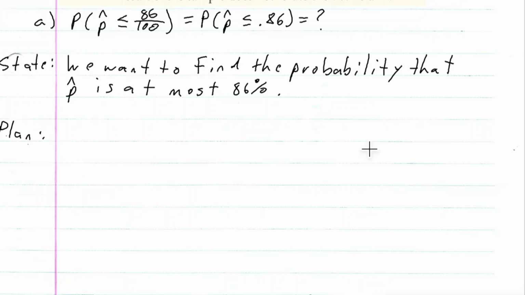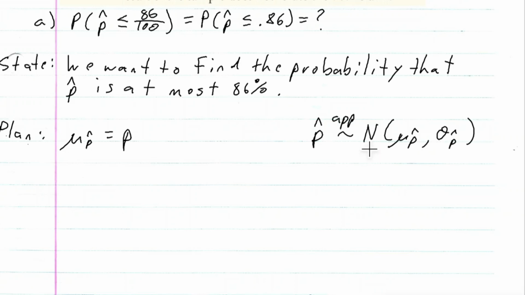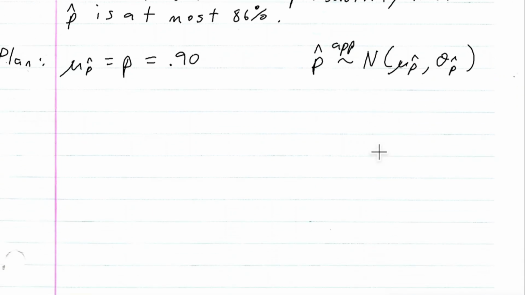With these problems, our plan is always to establish that p hat is approximately normal with the mean of p hat and the standard deviation of p hat. The mu of p hat is just the population proportion, which was given to us as 0.90. For the standard deviation, we have to do the 10% condition first.